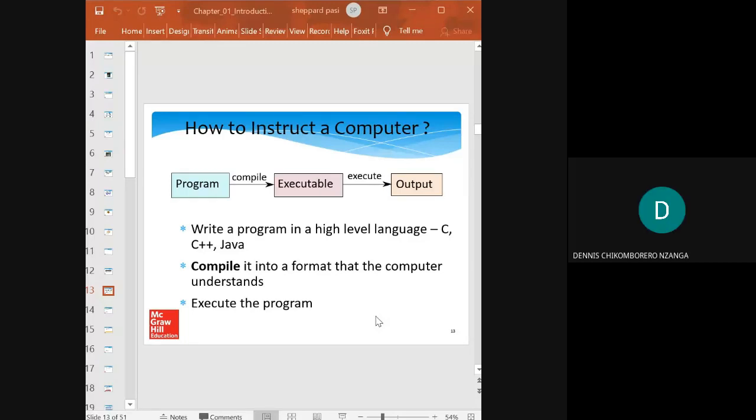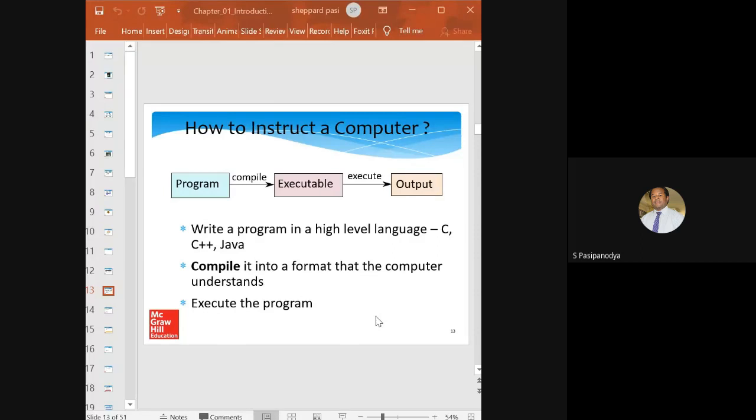Binary language, sir, ones and zeros. It understands ones and zeros. So when we tell it to do something, it first needs to convert what we've told it into ones and zeros so that it's understandable to the computer. Once it understands, it starts executing the program.